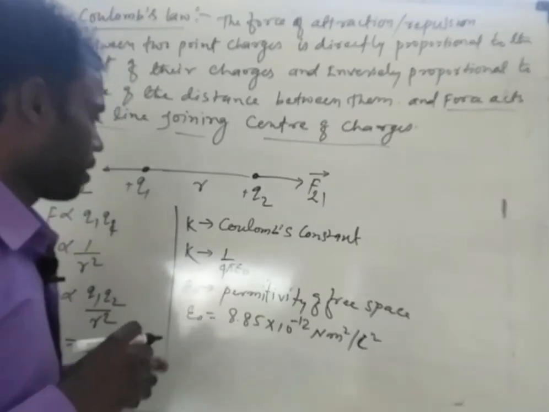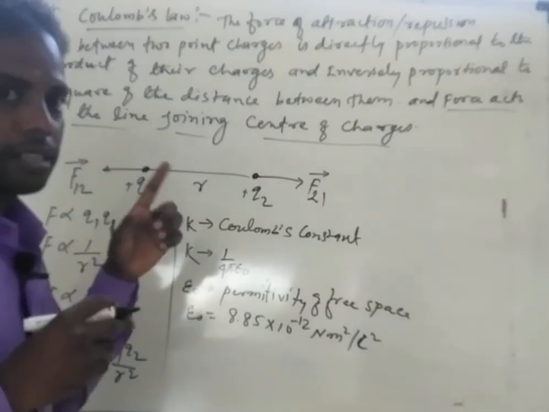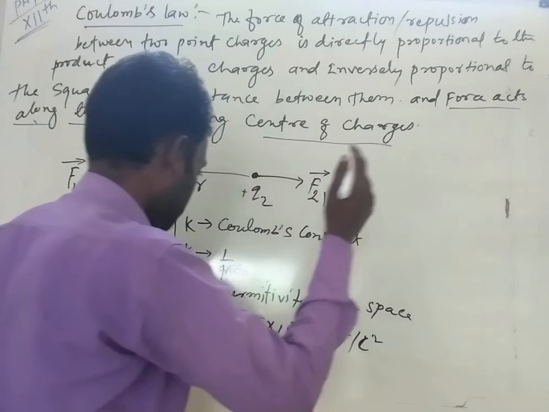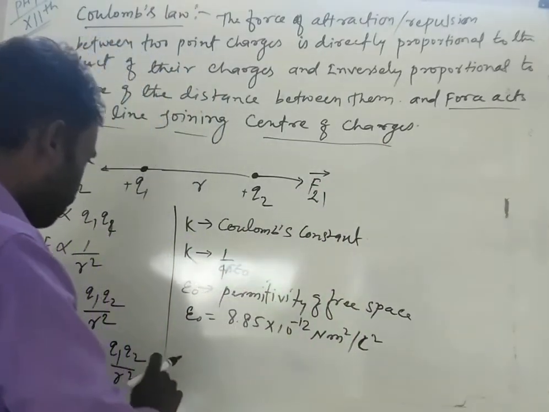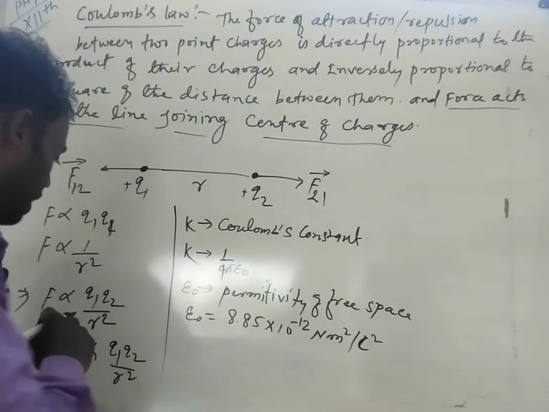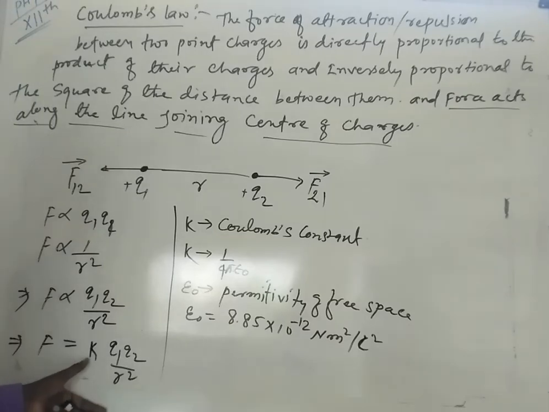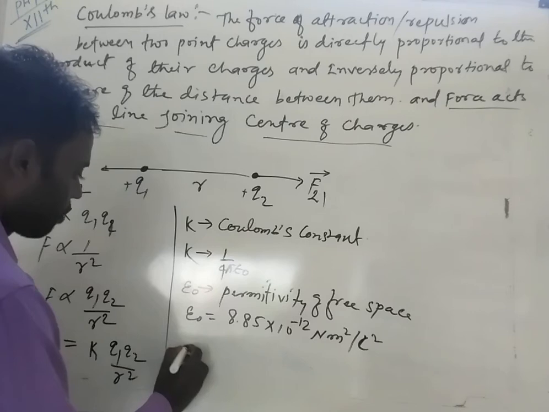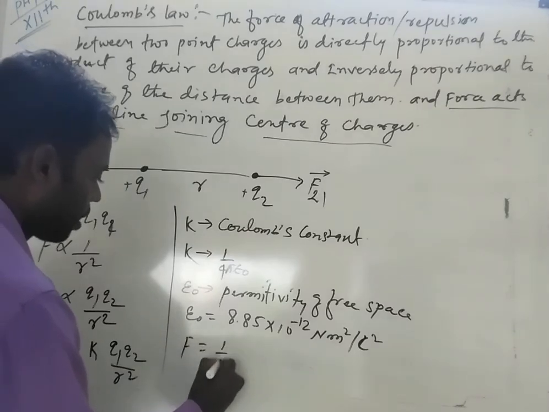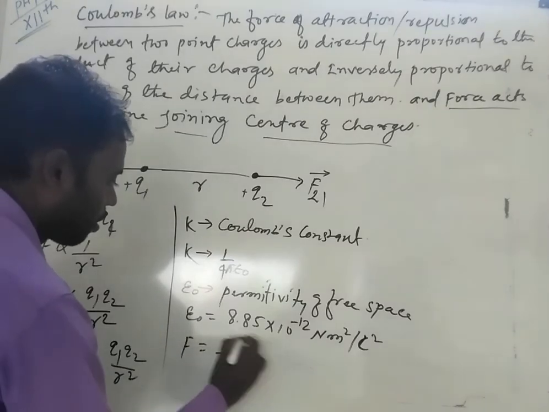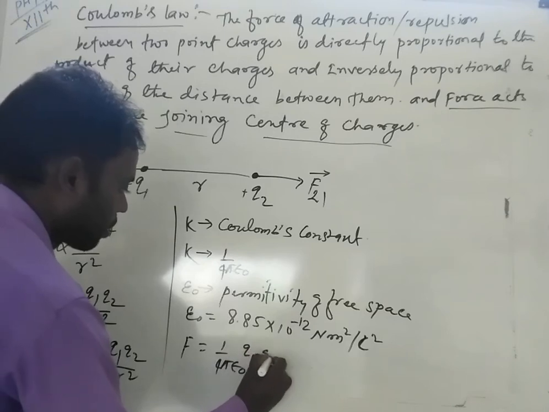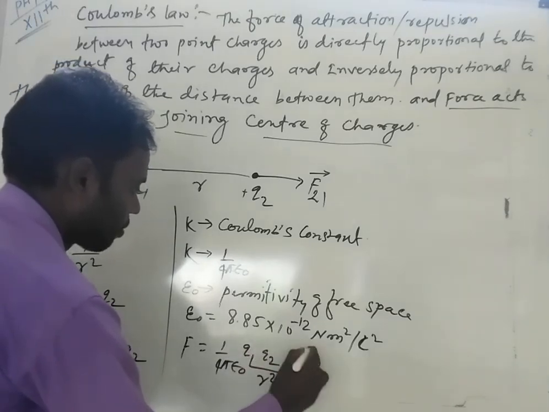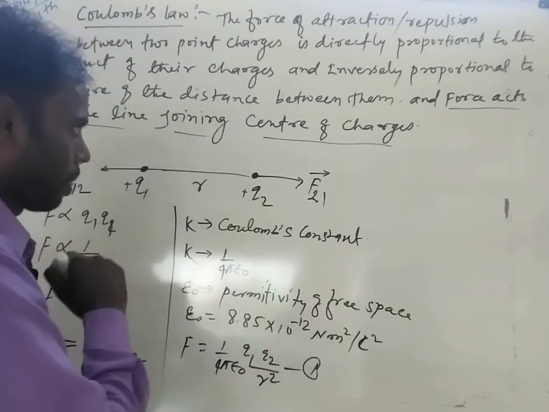Suppose we put K equal to 1 by 4 pi epsilon naught, then our equation will be F equal to 1 by 4 pi epsilon naught Q1 Q2 divided by r square. This is equation number 1.